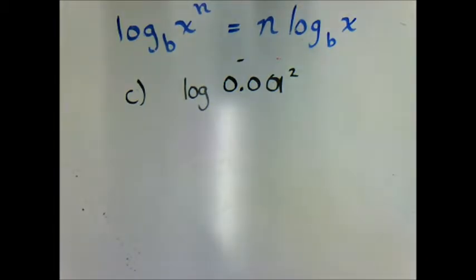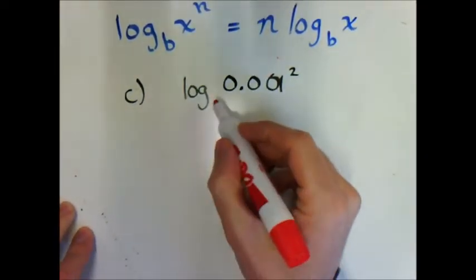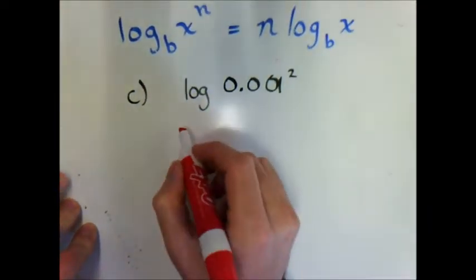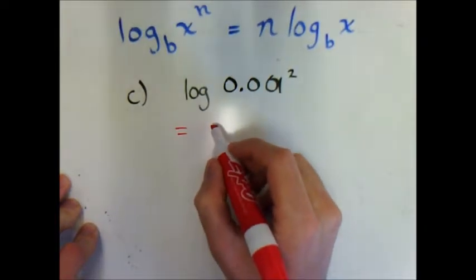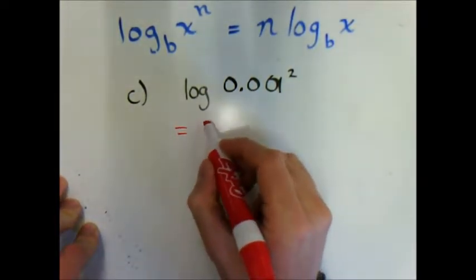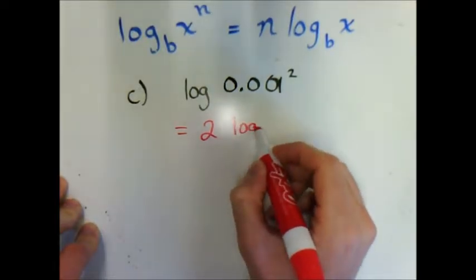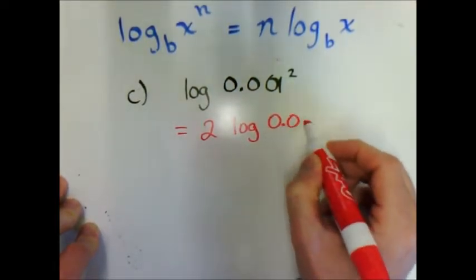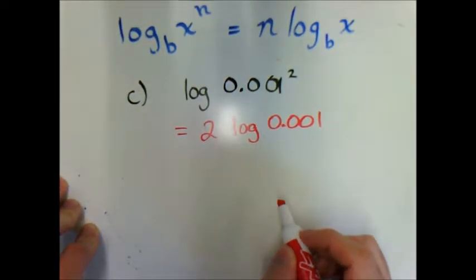Example C, the log of 0.001 squared. And we know that since the base is not identified, it is a base 10. So what we have here, according to the power law of logarithms, is 2 times the log of 0.001.